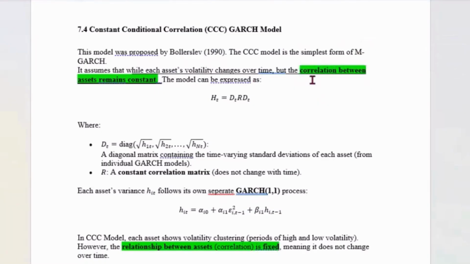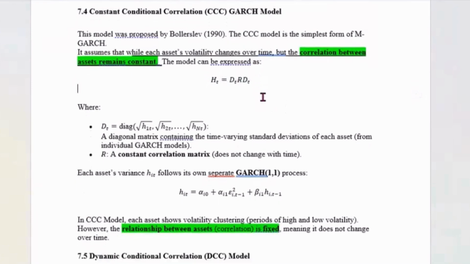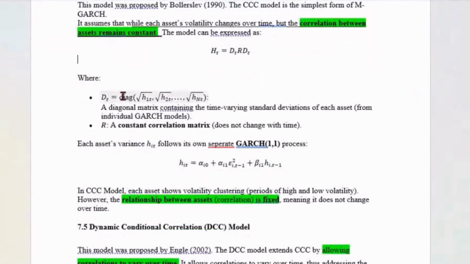So this model is expressed as follows: H_t equals D_t R D_t, whereby D_t is a diagonal matrix of the individual time-varying standard deviations, sigma_1t up to sigma_nt, for time t.